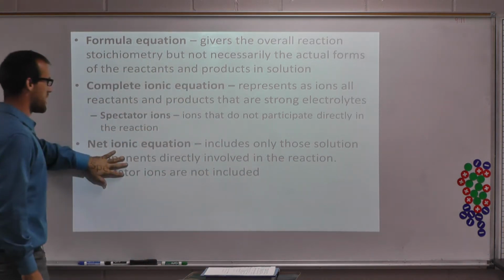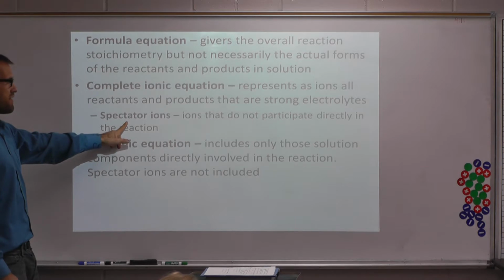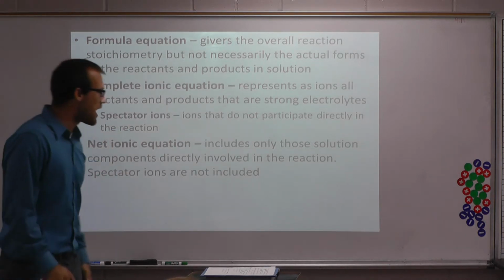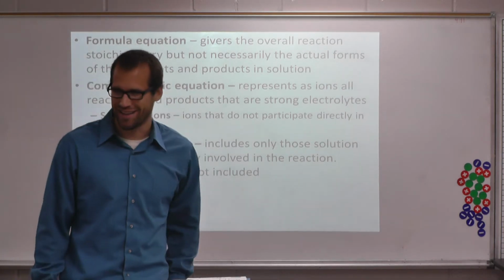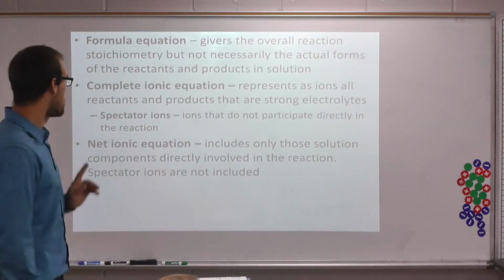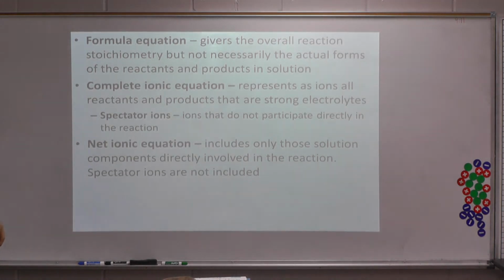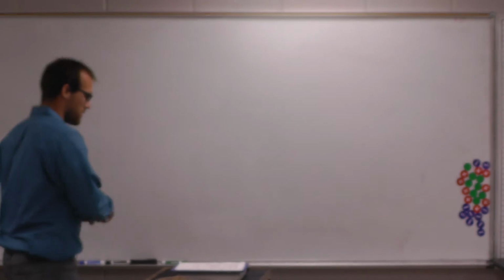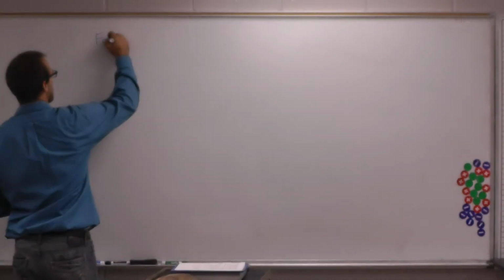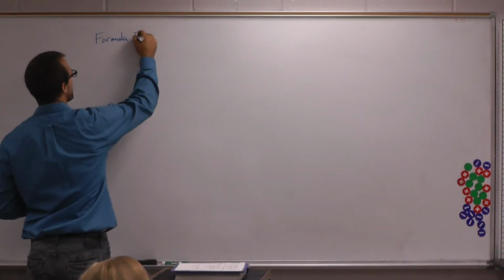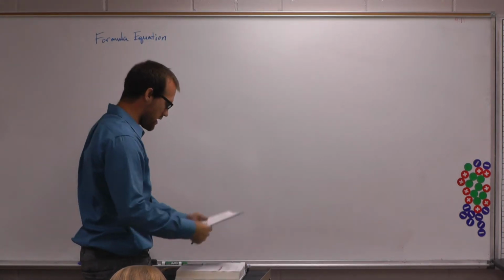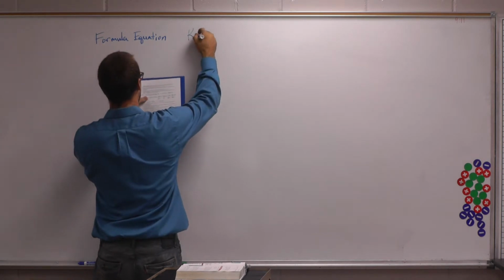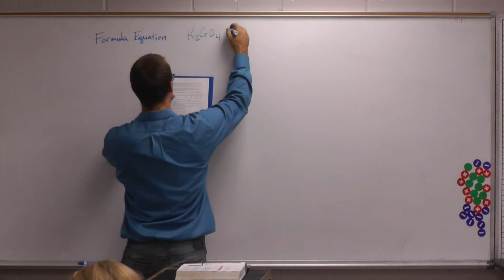The net ionic equation is going to be removing the spectator ions, or the ones that do not participate directly in the reaction. So let me close this. You might want to find a spot to do this. So I'm just going to give you the formula equation, and that's usually what you'll start with. They'll usually give you the balanced chemical equation, so that's what this guy is. K2SO4.